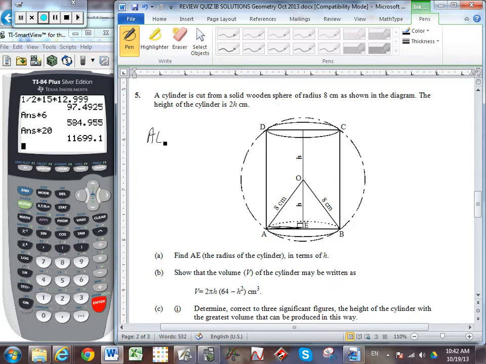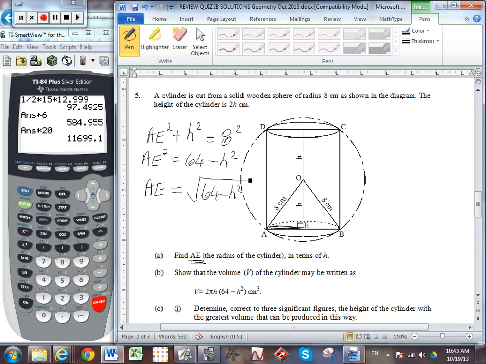AE squared plus h squared, those are the two legs, will equal 8 squared. So now we're supposed to find AE, so let's get AE alone. AE squared is equal to 64 minus h squared, and that must mean that AE is equal to the square root of 64 minus h squared.